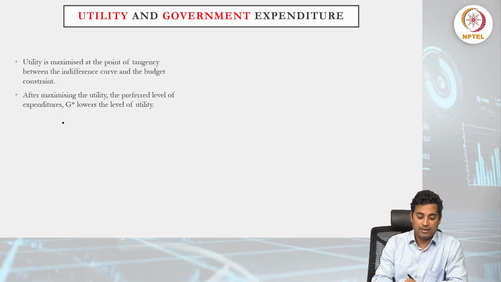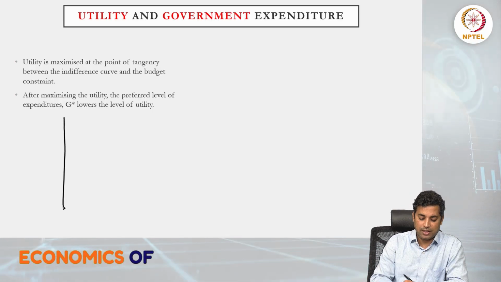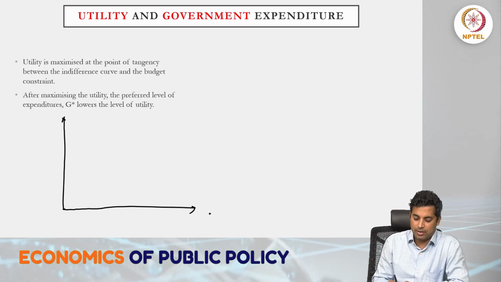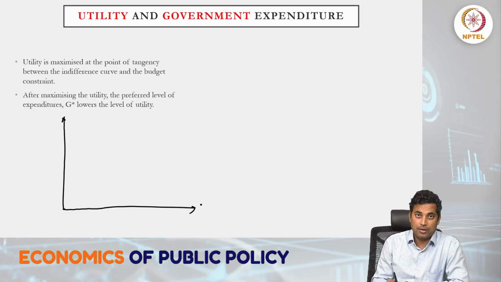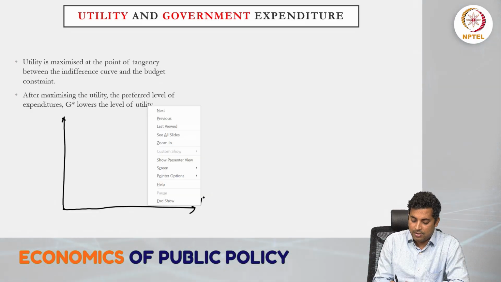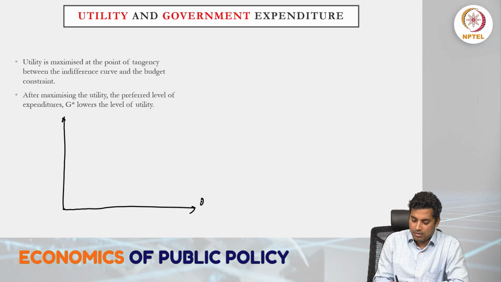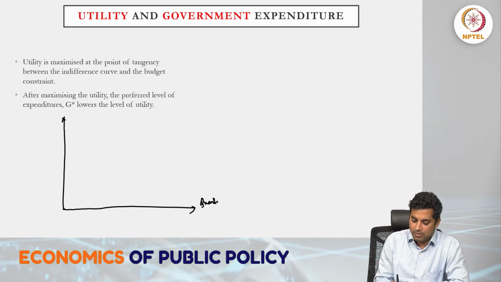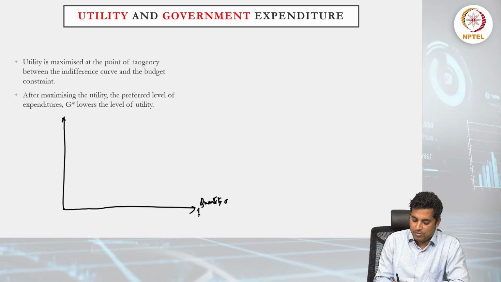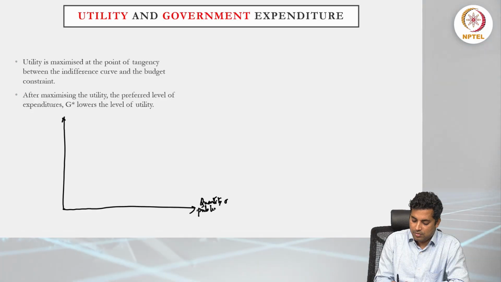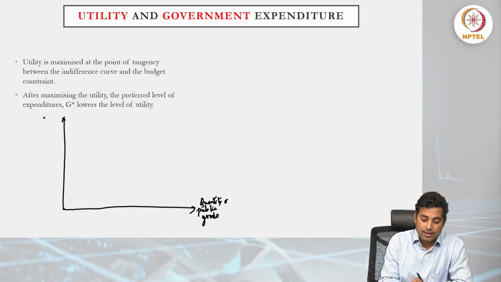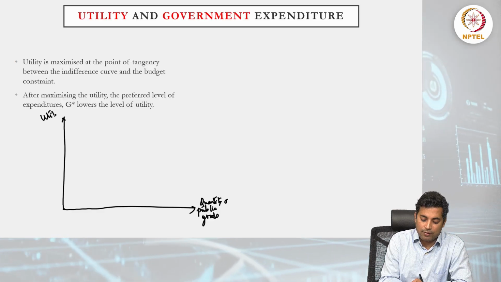So one is, let us assume that way, let us draw. Here on the horizontal axis, along the x-axis, is again the quantity of public goods, and here we are plotting the utility.